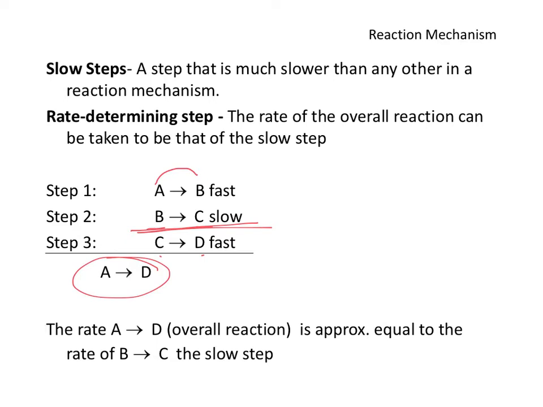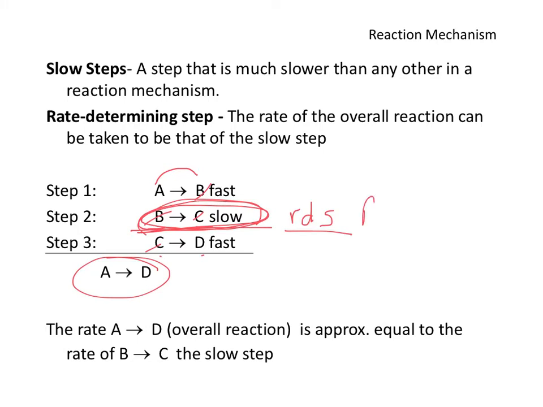So this is a stepwise reaction, and if you add, you can see that the B and B will cancel off, the C and C will cancel off, and so you do get the overall reaction. But essentially, you may be able to picture that your slowest step is B going to C. If this is your slowest step, that means this is going to be your rate determining step.